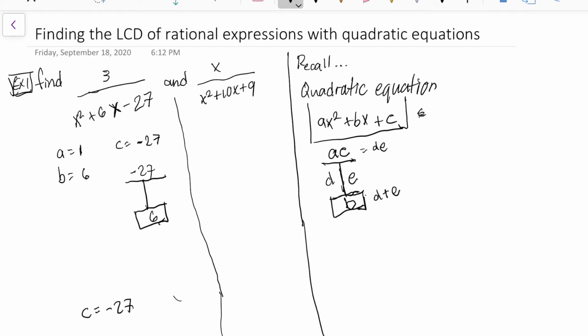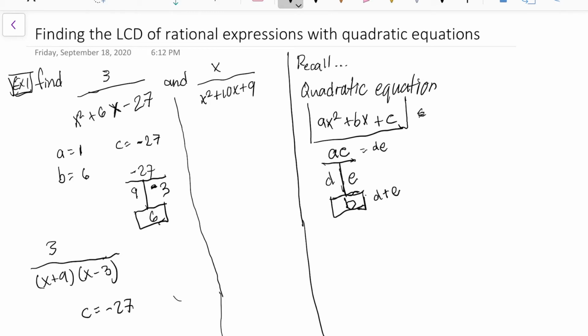And the two numbers that multiply to negative 27 and add to B are 9 and negative 3. Therefore, we can rewrite 3 over x squared plus 6x minus 27 as 3 over x plus 9 and x minus 3.